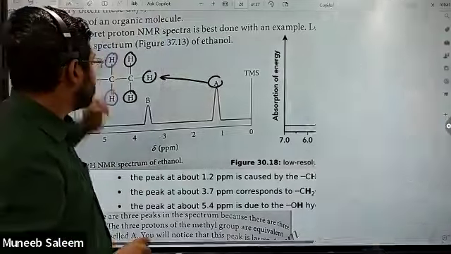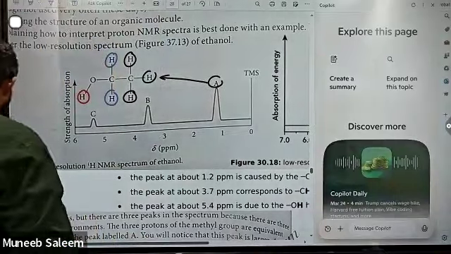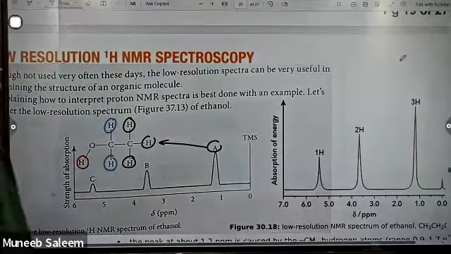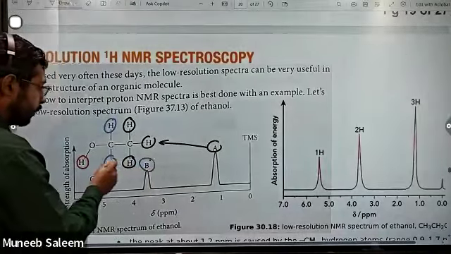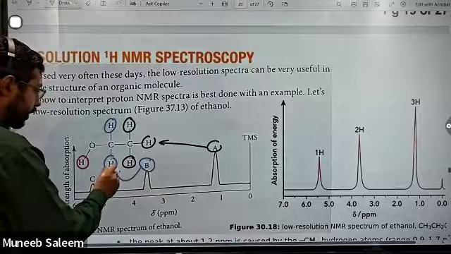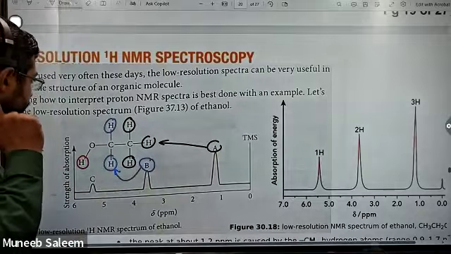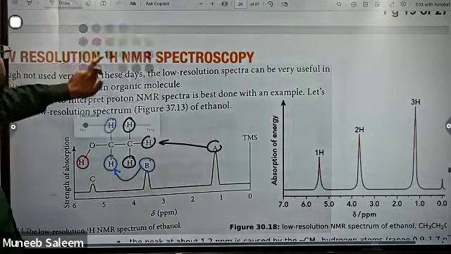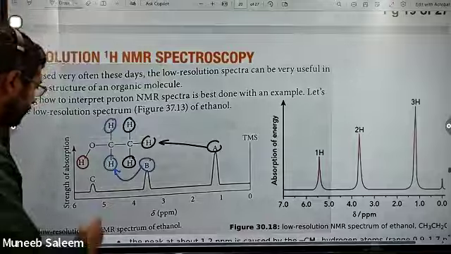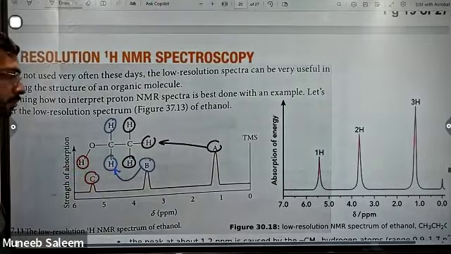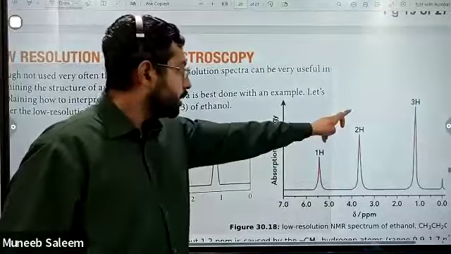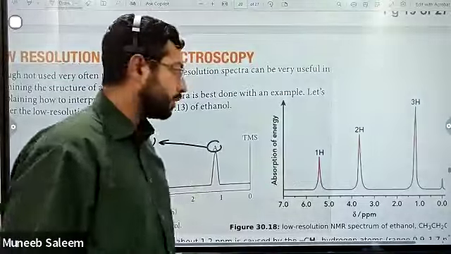And the peak B must be indicating the blue type of hydrogen atoms, because they are in total 2. And the last one, which is C, must be indicating this one single hydrogen atom. And that's also mentioned here. These numbers are indicating the number of hydrogen atoms there.